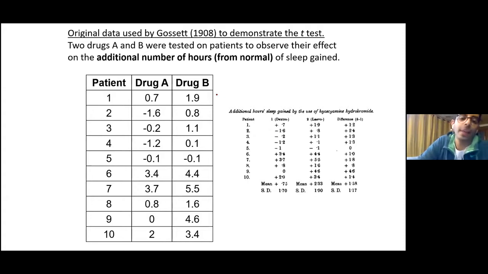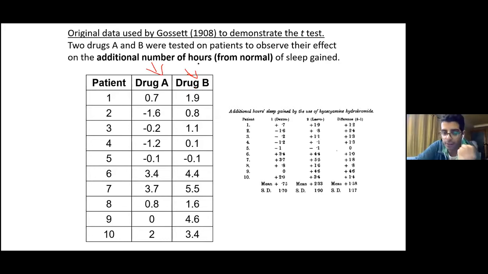So here, what they did was a dependent samples t-test. They got just 16 patients. They first gave them drug A, then they waited like a week, and then they gave them drug B. Now, they assume that everyone sleeps 8 hours. So they marked that 8 hours as the null value. They marked that 8 hours as 0. For example, if someone slept 9 hours, they would collect that data as 1.